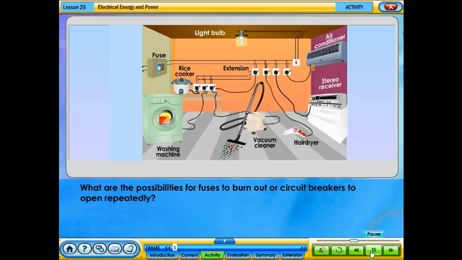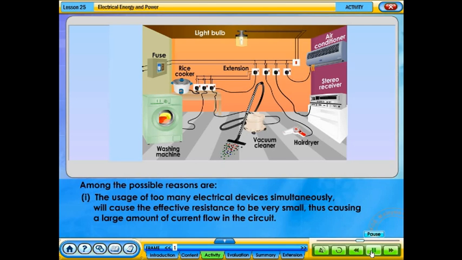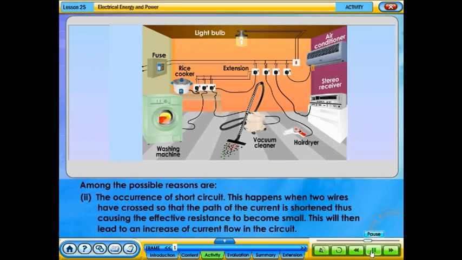What are the possible reasons for fuses to burn out or circuit breakers to open repeatedly? Among the possible reasons are: 1. The usage of too many electrical devices simultaneously will cause the effective resistance to be very small, thus causing a large amount of current to flow in the circuit. 2.